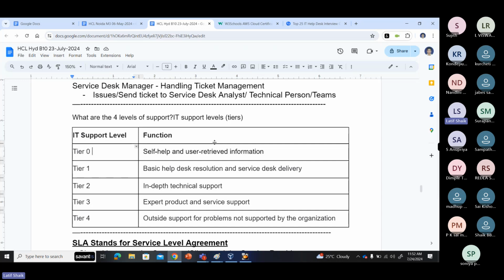L1 directly supports the customer by installing their software, handling customer calls, supporting remote connectivity, and resolving issues from basic level to advanced level, like printer issues, system related issues, network related issues, server issues, password and connectivity related issues.